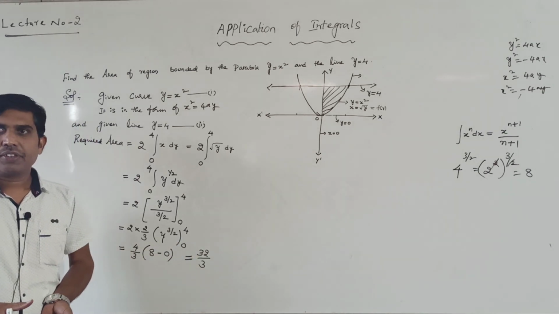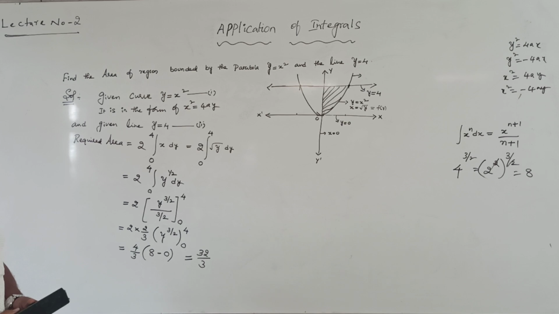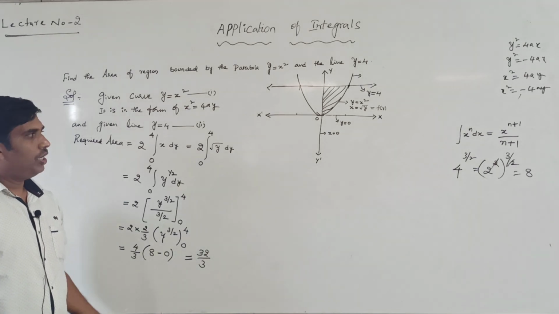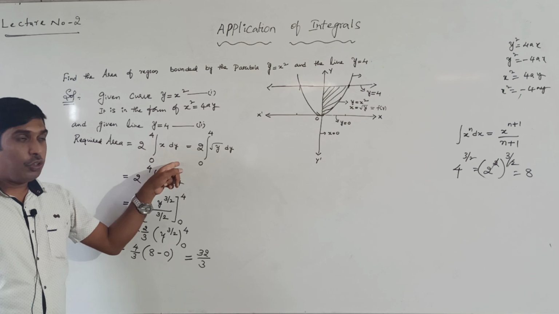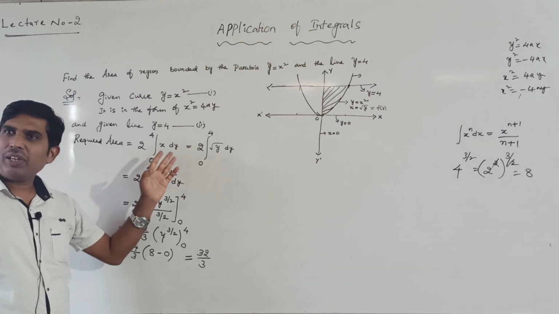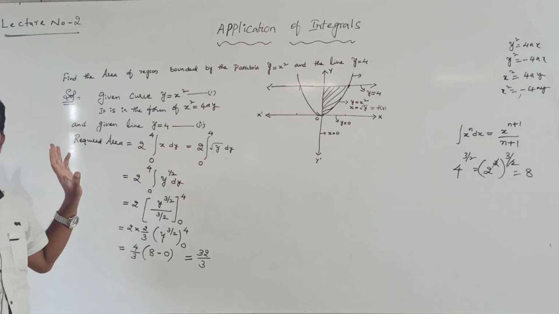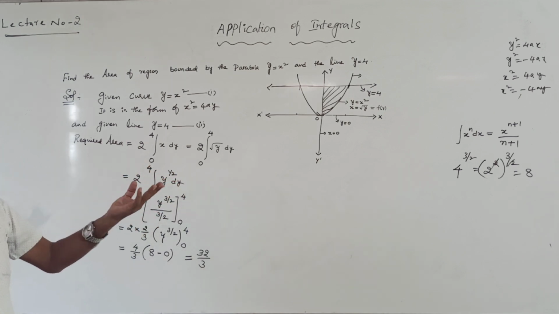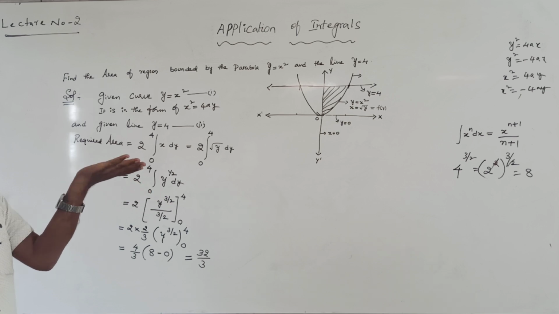So that is the required area bounded by the parabola y equals x square and the line y equals 4. You can use x limits here also to solve the problem, but I did it in a different way. In previous problems I took the area bounded with the x axis.